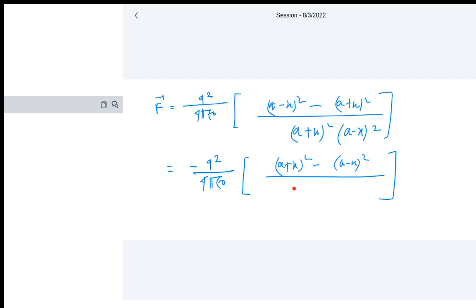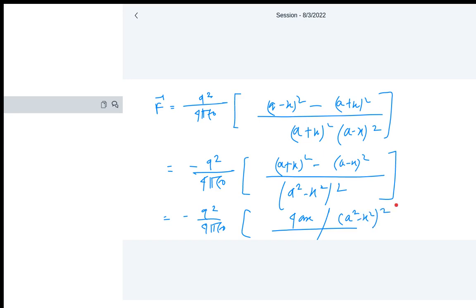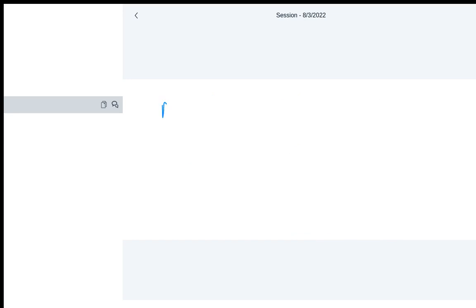Now take the negative sign common, so it is minus Q square upon 4 pi epsilon naught, and the denominator is (a square minus x square) whole to the power 2. In the numerator the expression is 4ax. So overall, this is the expression of the resulting force: the magnitude is Q square upon 4 pi epsilon naught times 4ax upon (a square minus x square) whole square.